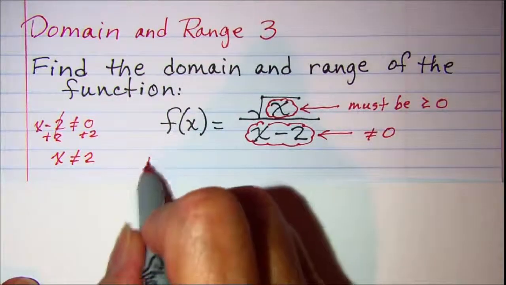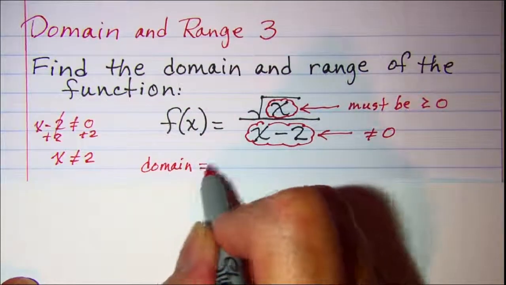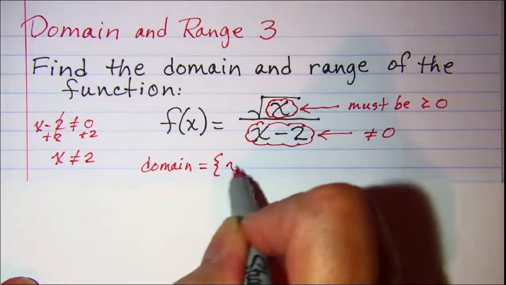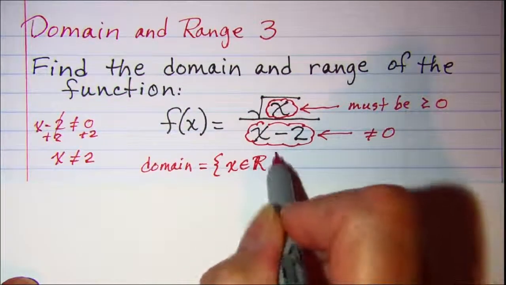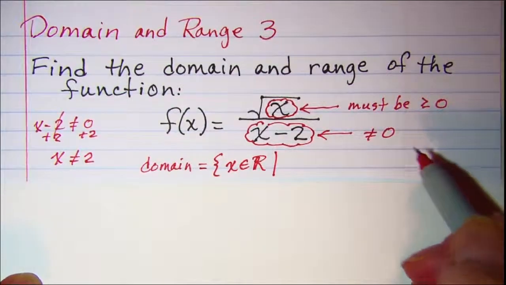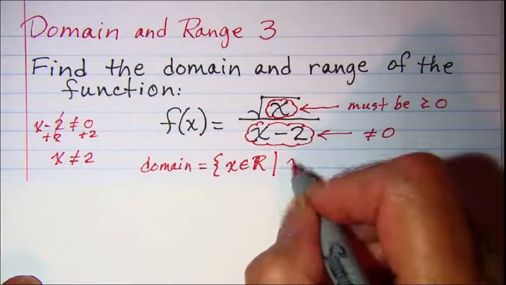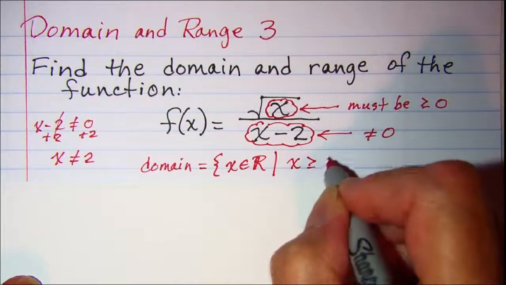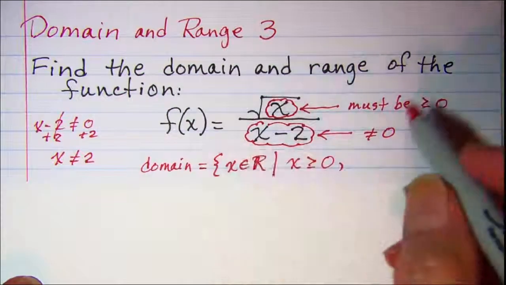So our domain, written in set builder notation, is equal to the set of all x's which are elements of the set of reals, such that x is greater than or equal to 0, but then we also have to include x is not equal to 2.